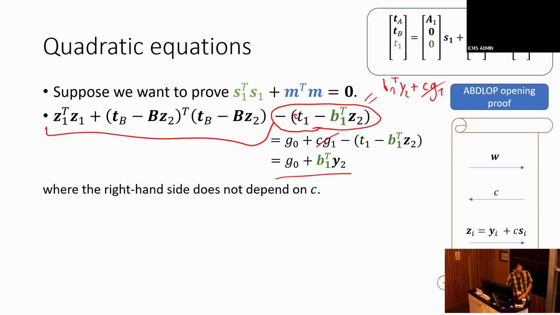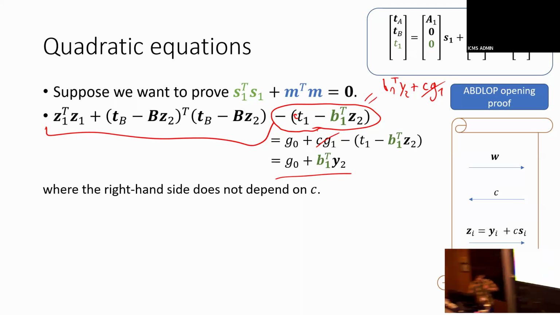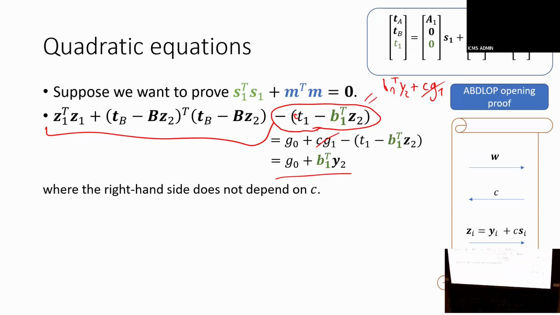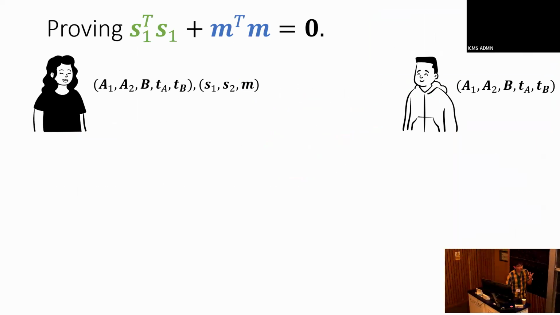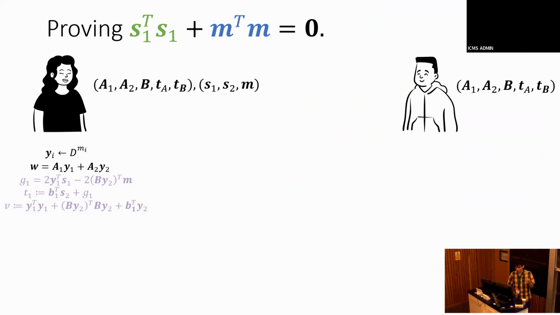Maybe to see the motivation, instead of just writing random equations, let's look at the protocol. I want to prove this quadratic equation. So I start with the opening proof as before. Now I compute all these terms, G0, G1, as we did before.